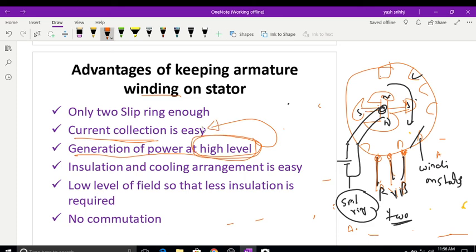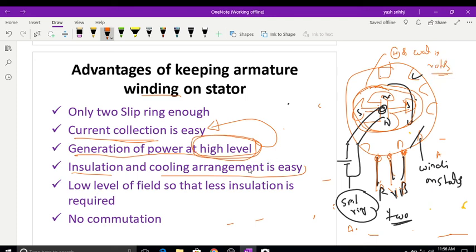The insulation and cooling arrangement are also very easy, because if the armature winding is placed on the rotor, it is very difficult to circulate hydrogen or water in the rotor.